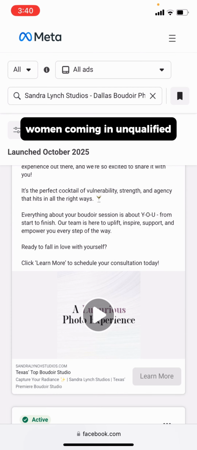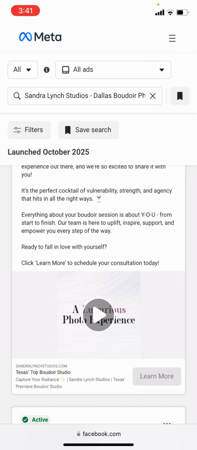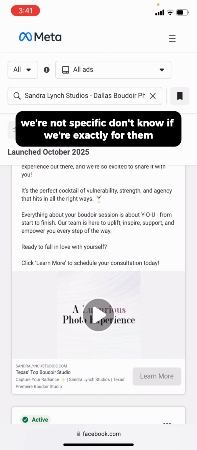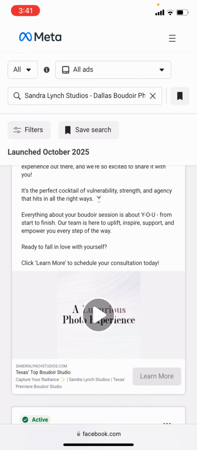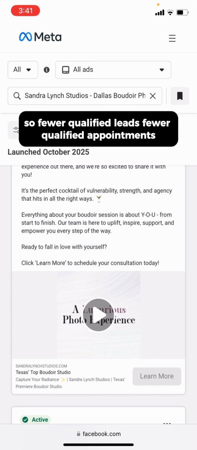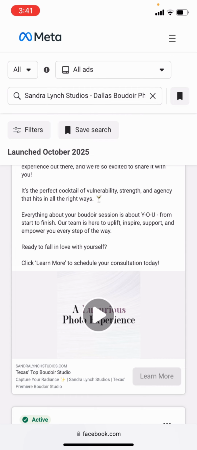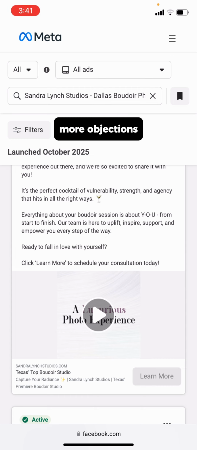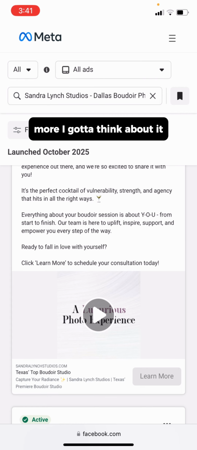Women are coming in unqualified, not pre-qualified, don't know exactly what we do. We're not specific, so they don't know if we're exactly for them. So they're less qualified. So fewer qualified leads, fewer qualified appointments, fewer qualified shows to calls, more price hunters, more objections, more "I've got to think about it."